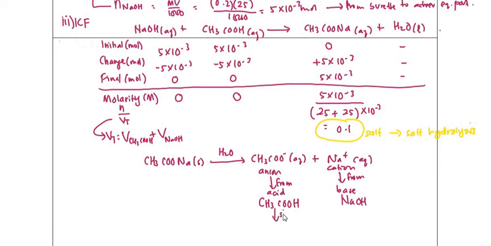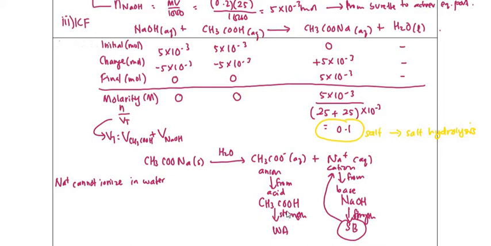Then classify the strength of the acid here. This is a weak acid, an organic acid. How about NaOH? This is a strong base. So in this case, when we have a strong base, that means we conclude this ion Na plus cannot ionize in water.